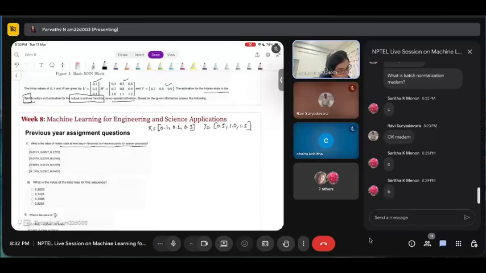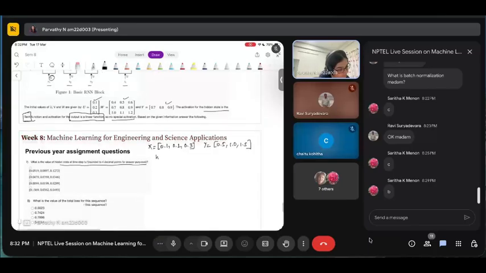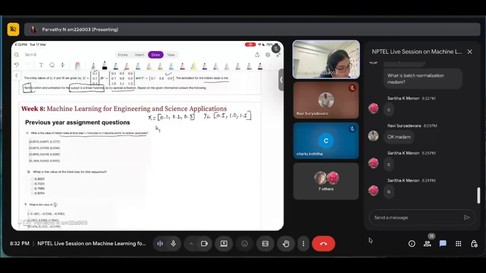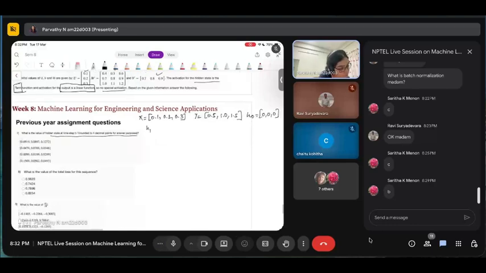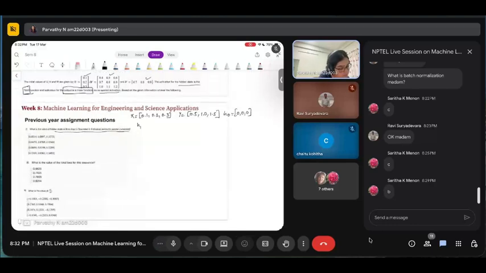So what is h of 1, or h1? So we have to assume that the initial h value is 0. The initial h0 is 0. So then what is the ht value is the question.